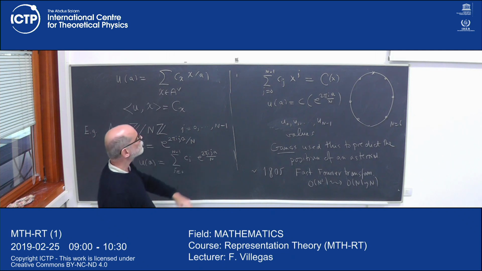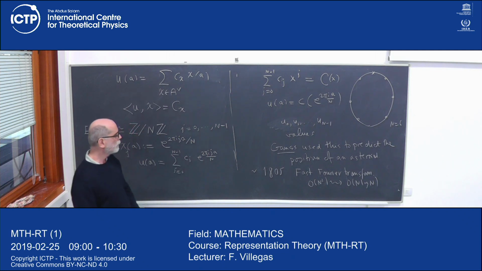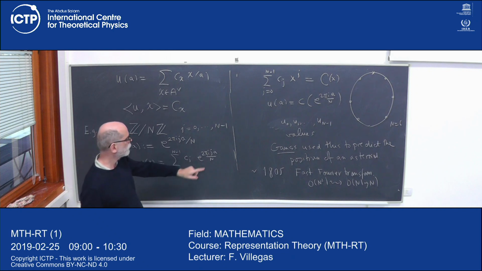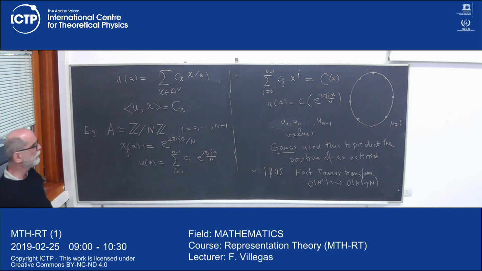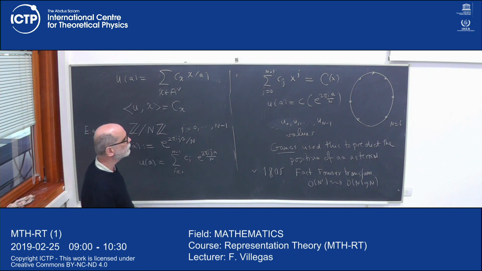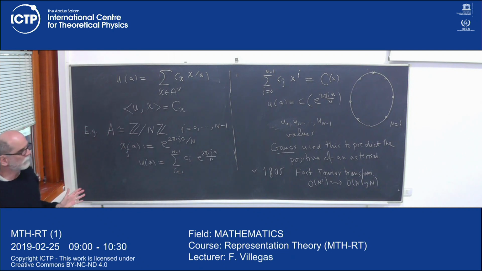So you just keep in this sum those terms that have a small denominator in this exponent, and that, of course, gives you not the thing you started with, but it gives you something that is good enough.